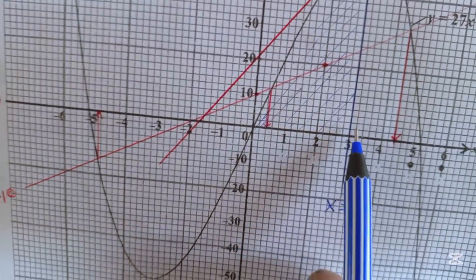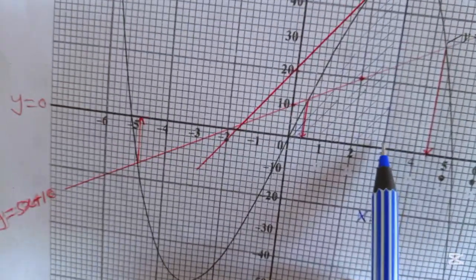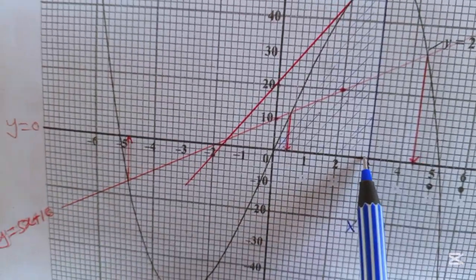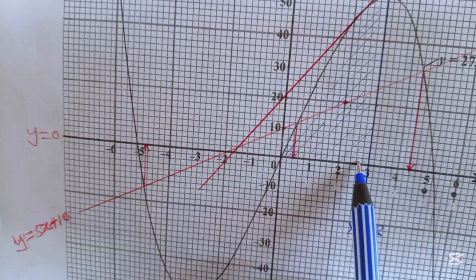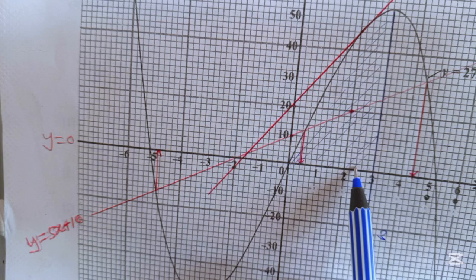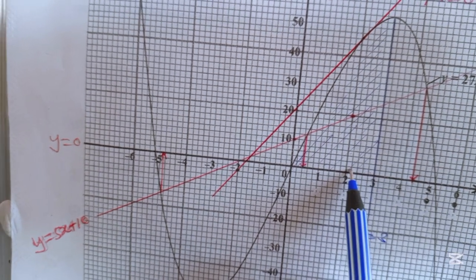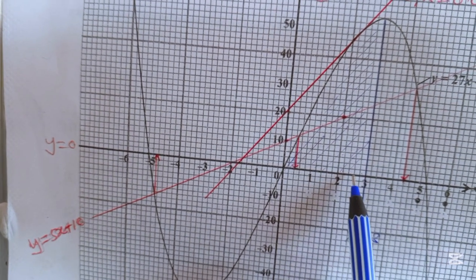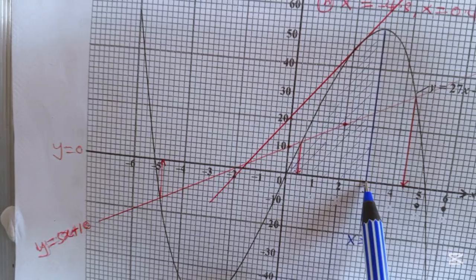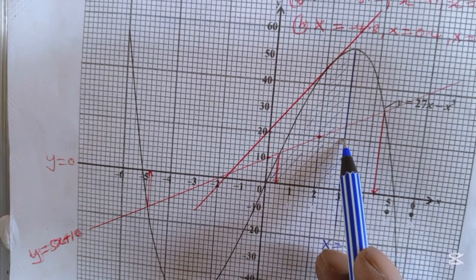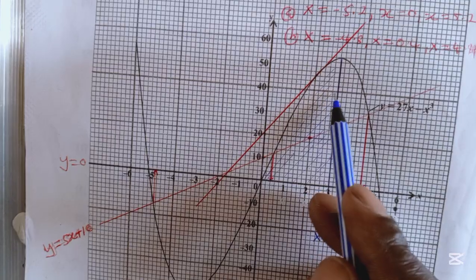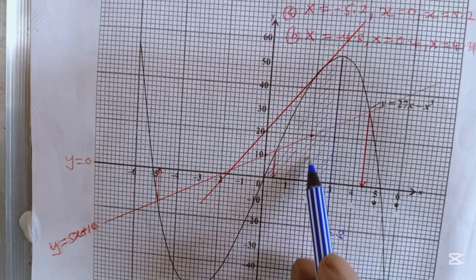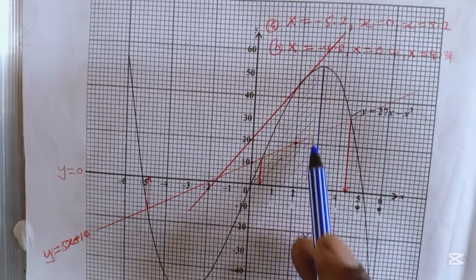In this case, for us not to waste time, look at what I'm going to do. From here, there are 1, 2, 3, 4, 5. Then we go upwards. Here I know there are 10, another 10, that is 20. So already, if I take this one, this is 100.